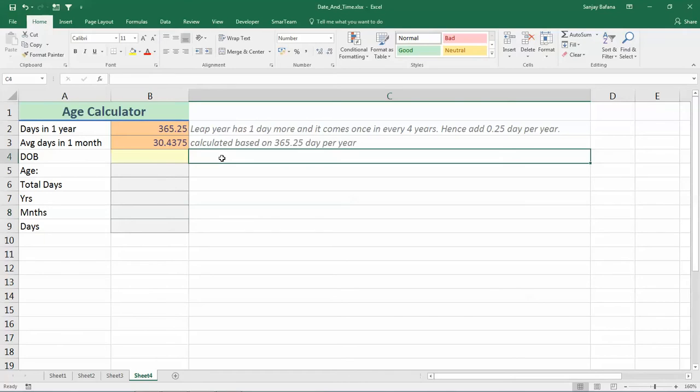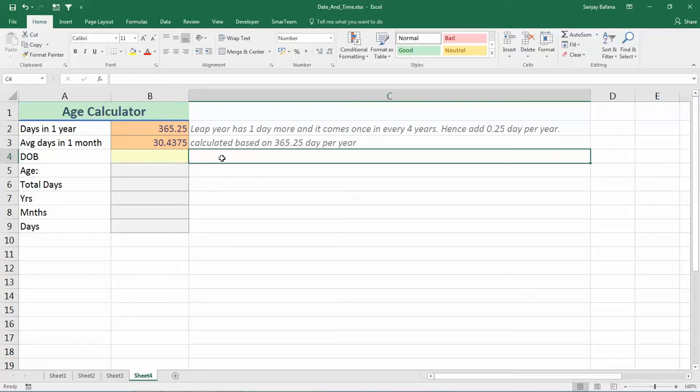By default, Excel considers 365 days in a year. If you are doing certain calculations which are over a few years, then you need to account for the leap years as well. So every 4 years you have a leap year which has 1 day more, with February of 29 days.